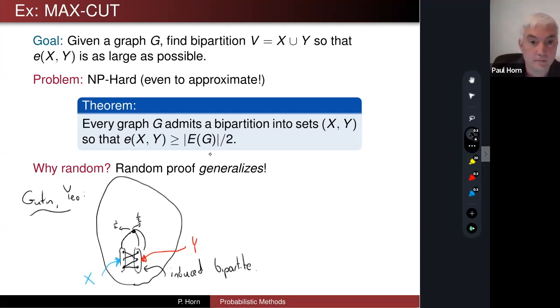So I fix a graph. I make sure I cook the books so that all of those edges cross the bipartition. Every other vertex, I assign randomly. And now I've guaranteed that all these edges cross the cut, and every other edge has a 50-50 chance of crossing the cut.